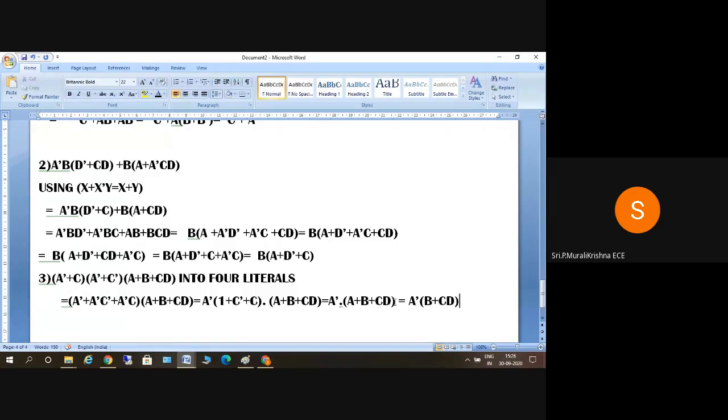We have A, B, C, D here. So this is the only term, so that will be simplified here. So A bar into A will be 0, and A bar into B will be there, and A bar into CD will be there. But for the things, this A bar is common. This A bar B plus A bar CD. So this is the answer.